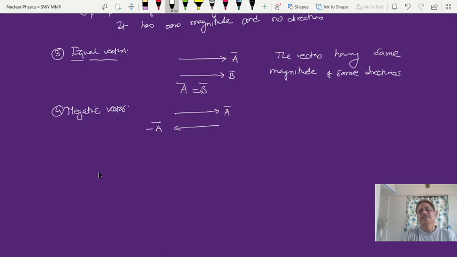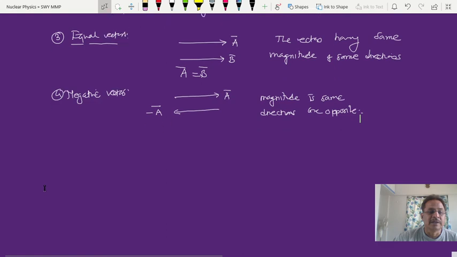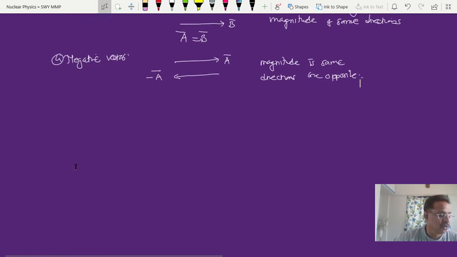So A bar and minus A bar are negative vectors. A negative vector has the same magnitude, meaning the length of the vector is the same, but the directions are opposite. This is the negative vector. Then position vector we have already discussed, so we will not go into it.